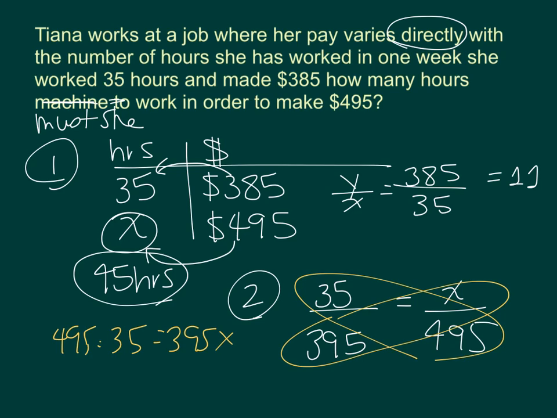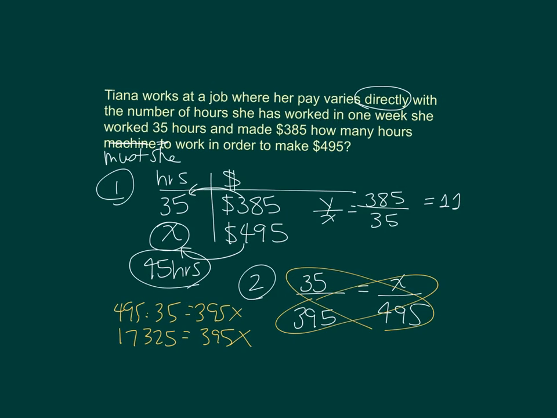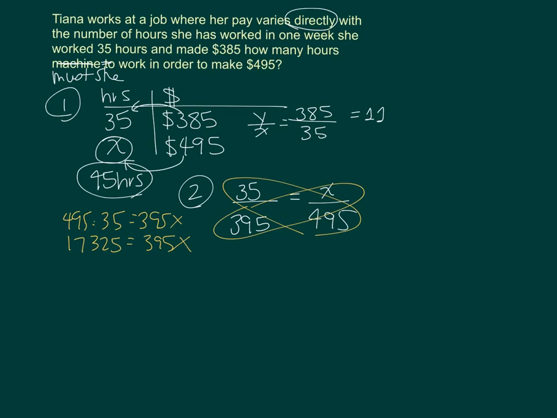So 495 times 35 equals 17,325, which equals 395x. And then I would divide both sides by 395. And I would get 45. Same thing, right? Does that make sense, guys? So I am doing the same thing, just different ways. Remember, that's how math is so precious, because I can do the same thing in many different ways. Does that make sense?